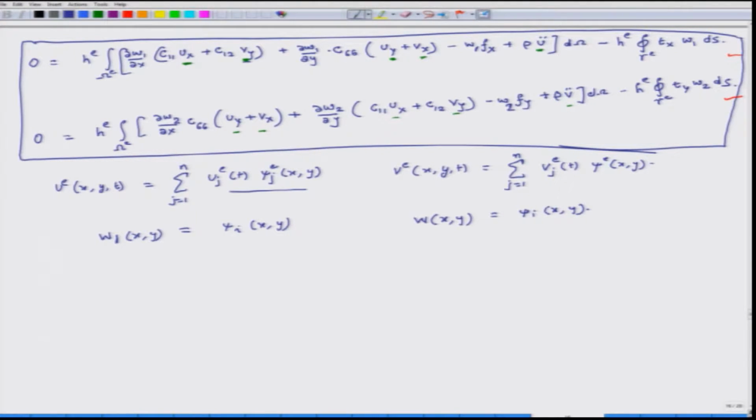So, once we do this, let us call these equations A and let us call this B. So, we put B in A, and we will do this for the first equation. So, the first equation looks like this.